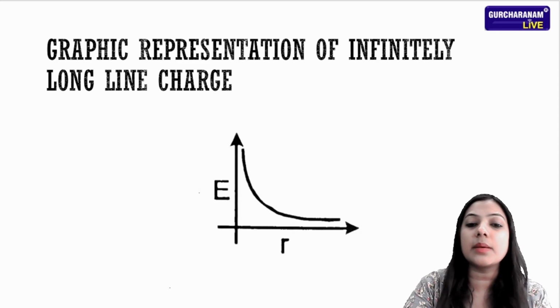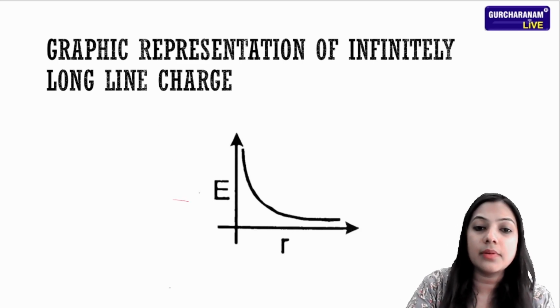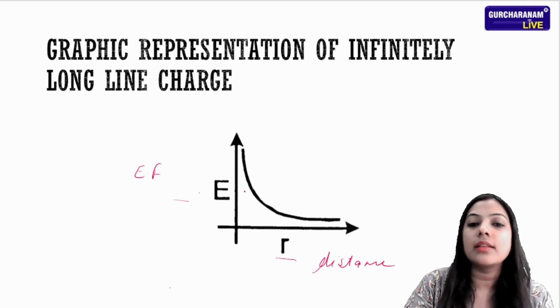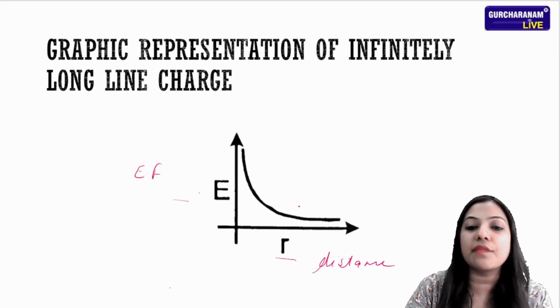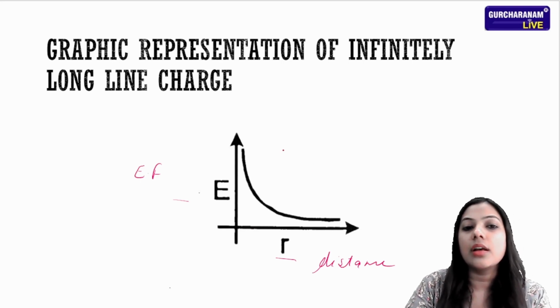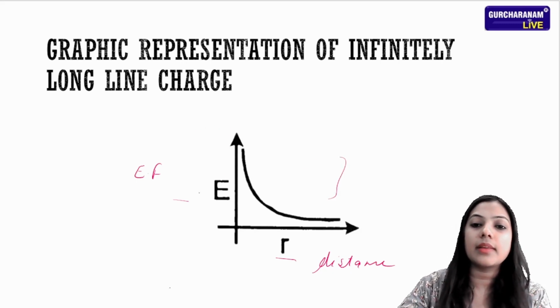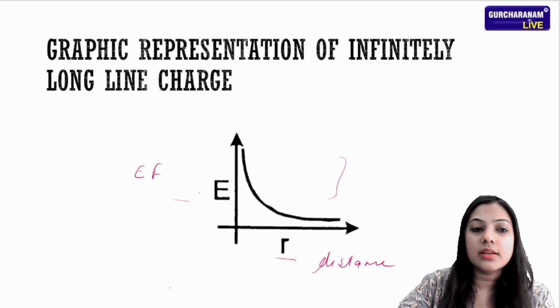This represents the electric field, and this represents distance. This is the graph between electric field and distance, and this charge is uniform. The graph of an infinitely long line charge is like this. Hope you remember this.